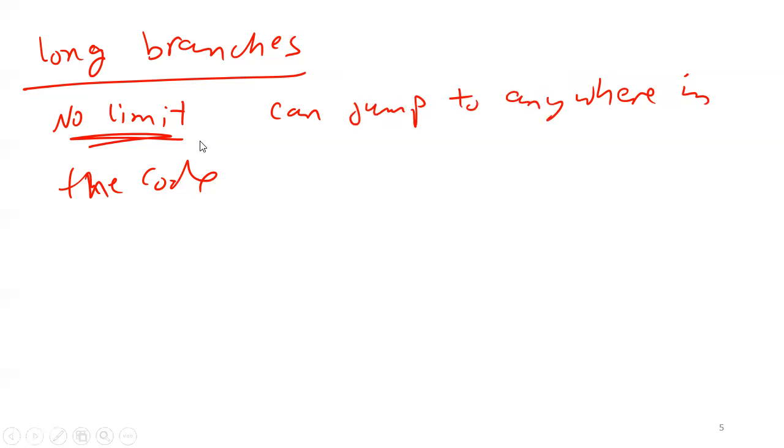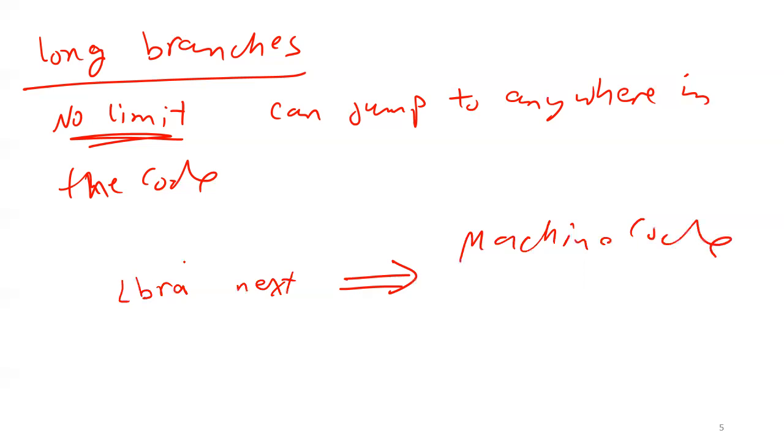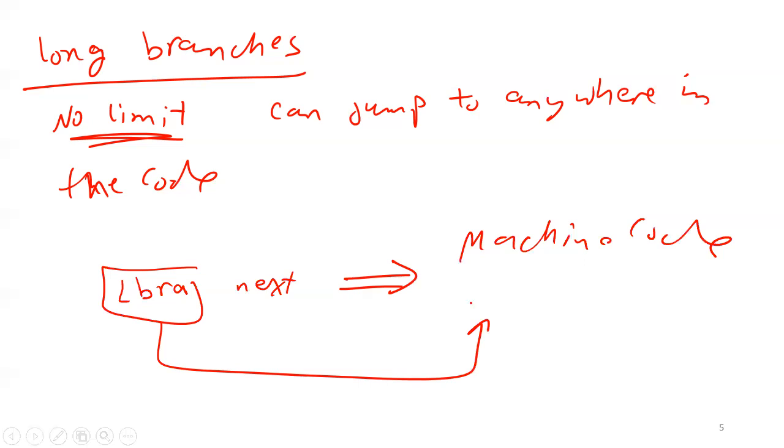It's somehow details. If you don't understand it, that's okay. But just to complete the story, the reason this one is not efficient is because when you use, for example, long branch next, when this is converted to machine code, there should be some code for this one, some number. For sure, I don't remember the number. I'm just writing anything.